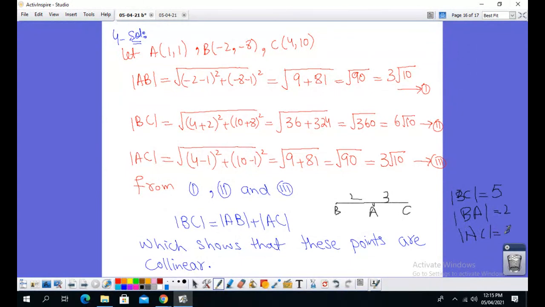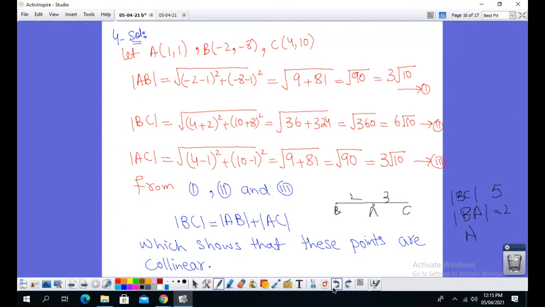And we see that when we add 2 with 3, it becomes 5. This is only possible when these points lie on a straight line. Our given condition also shows that the sum of two distances is equal to the third distance, which shows that these are collinear points.